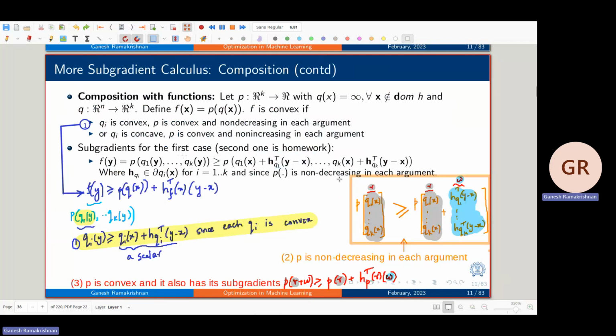So you'll have to basically use this inequality, the inequality for subgradients, to compute or guess new subgradients. So imagine you had subgradients for each of those individual Qi's, for each of the individual P's. Now I want to compose. So you have the subgradients for the Qi's. You have subgradients for the P's. So you have to use both of these to come up with a subgradient for the composite.